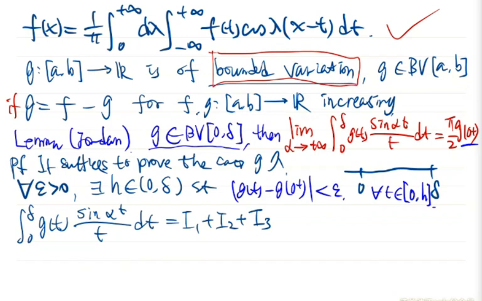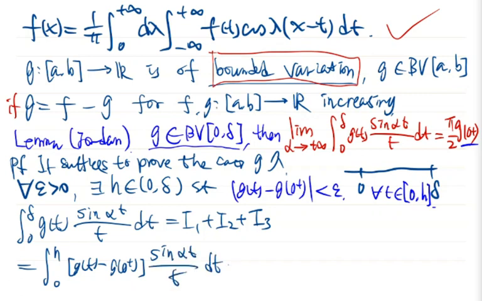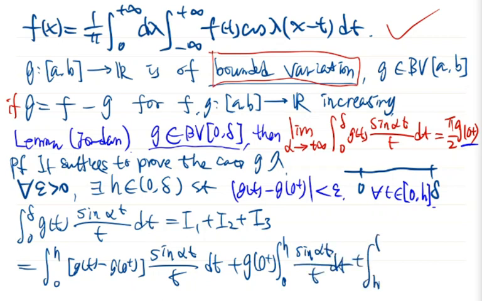These three terms are given by: the integral from 0 to h of (g(t) minus g(0+)) sine(alpha t) over t dt, plus g(0+) times the integral from 0 to h of sine(alpha t) over t dt, plus finally the integral from h to delta of g(t) sine(alpha t) over t dt. Okay, the integral is written in these three terms.